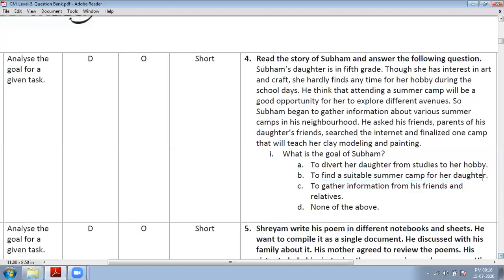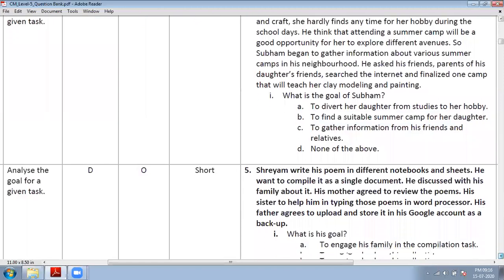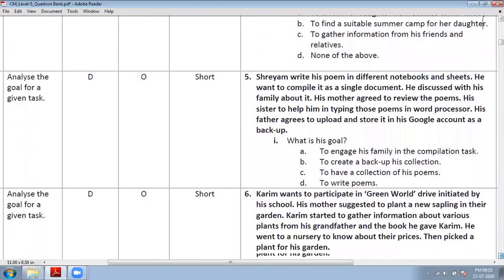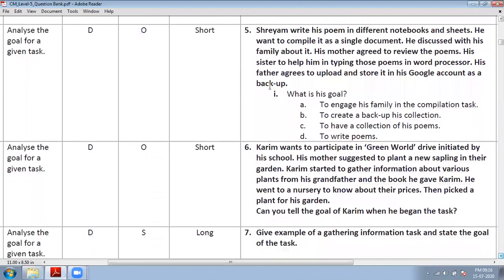Now the next question, question number 5. Sriram writes his poems in different notebooks and sheets. He wants to compile them as a single document. He discussed it with his family.